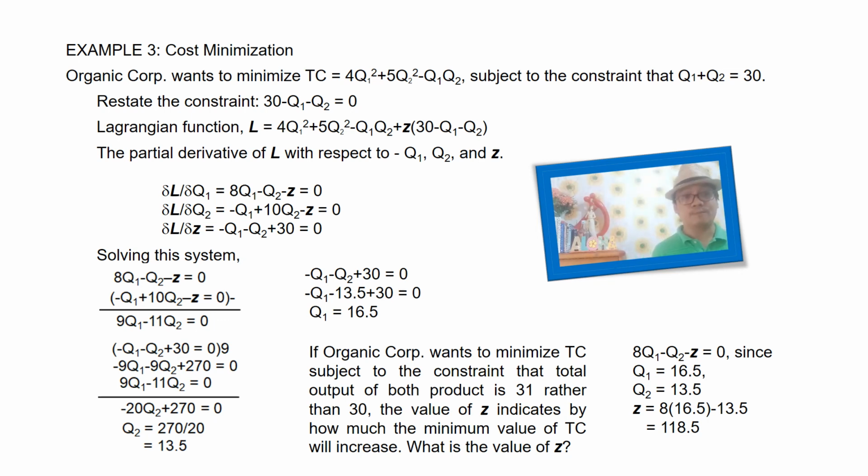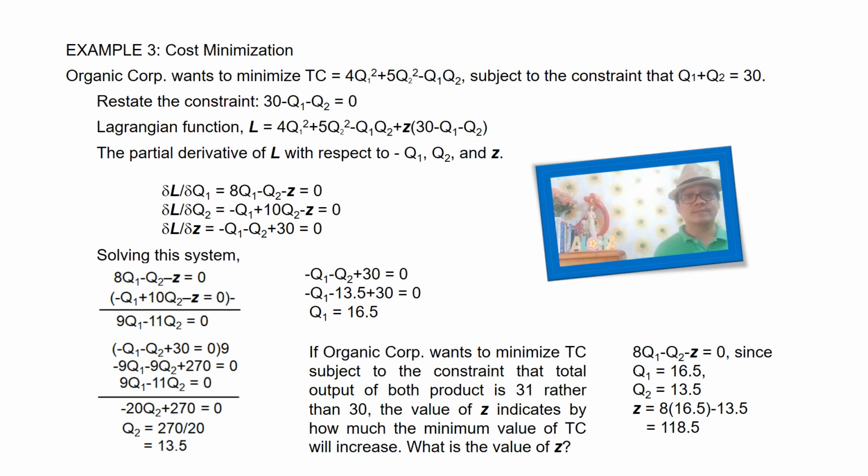As for the partial derivative with respect to Z, it is equal to negative Q1 minus Q2 plus 30 equals 0.